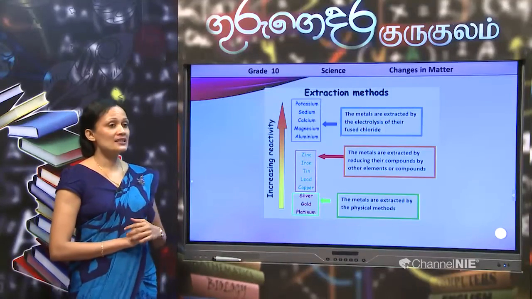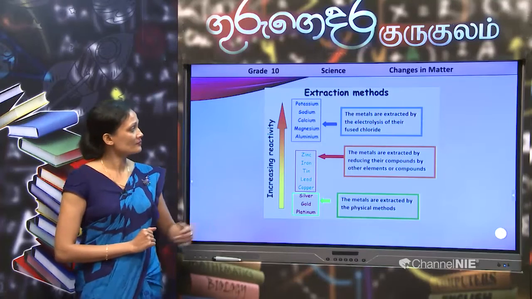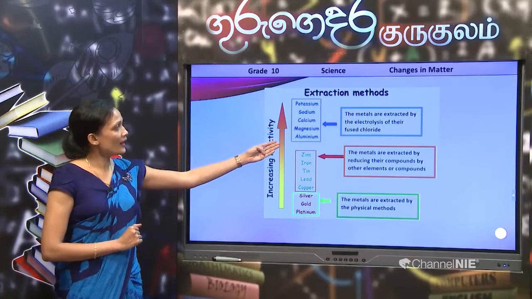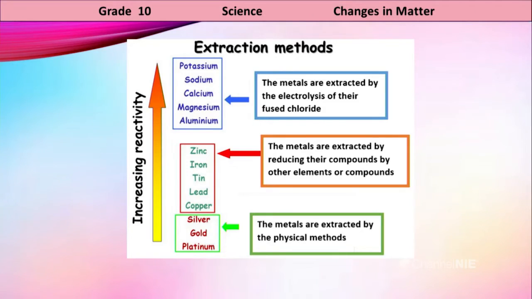Look at this, children. Extraction method: if we consider higher reactivity metals, potassium, sodium, calcium, magnesium, aluminium, such metals can be extracted by electrolysis of their fused chlorides.